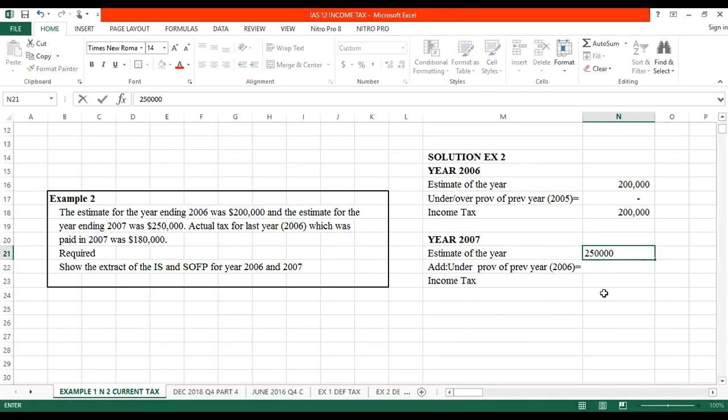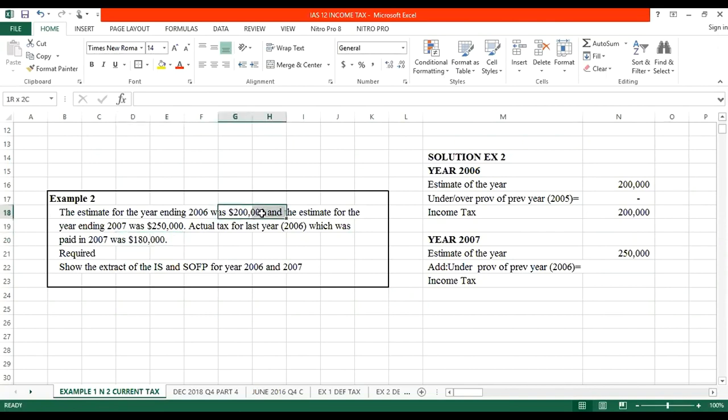Please, let's be attentive here. Now, the actual tax for last year, 2006, which was paid in 2007, was 180. So the actual tax paid was 180. Last year, what did we estimate? 200. We ended up paying less.